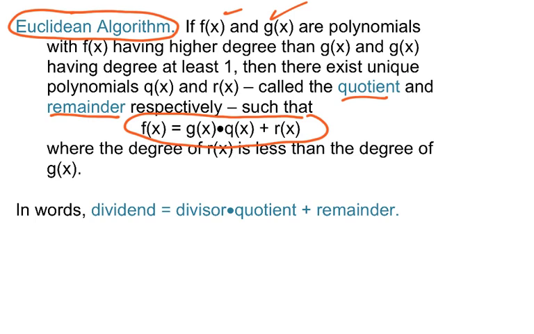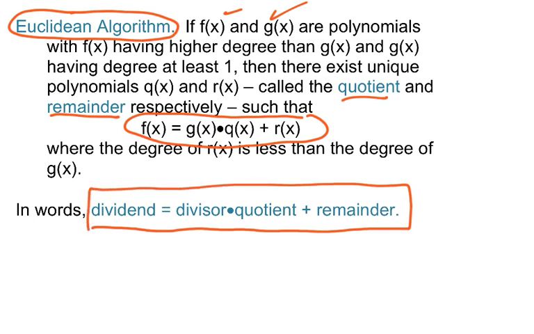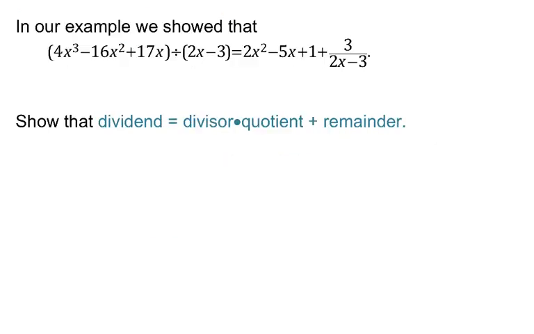Really, all that is saying is that the dividend, which is the f of x, is equal to the divisor, the g of x, times the quotient plus the remainder. The dividend equals the divisor times the quotient plus the remainder. So let's suppose, for example, that we have successfully divided these two polynomials. This is the example we just did.